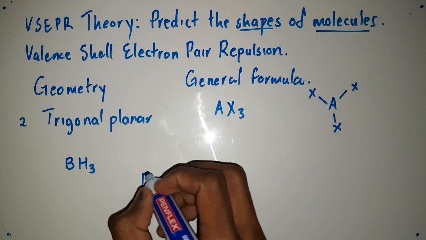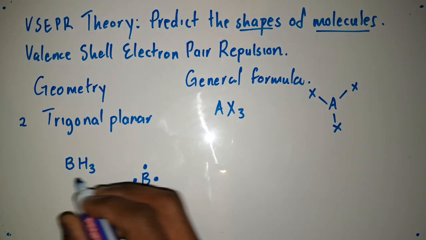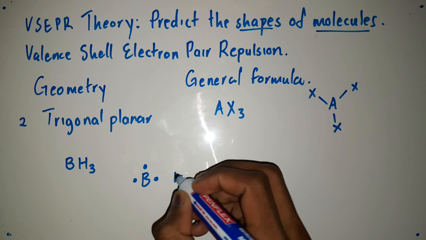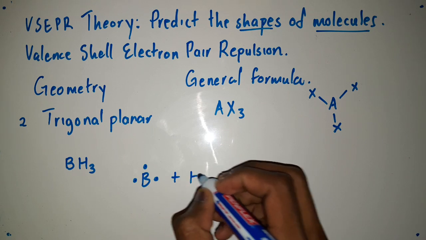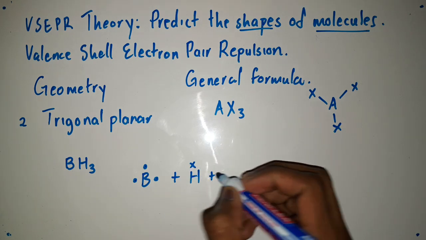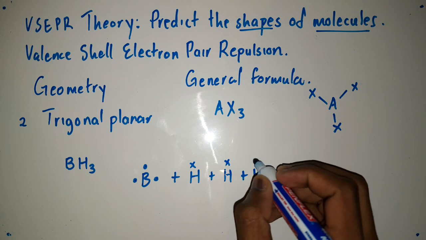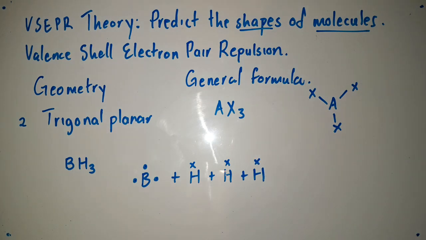Then we are going to have something like this for boron. Then how many H's do I have? 3 of them. Each we already know is going to have 1 valence electron, then 2, then 3.